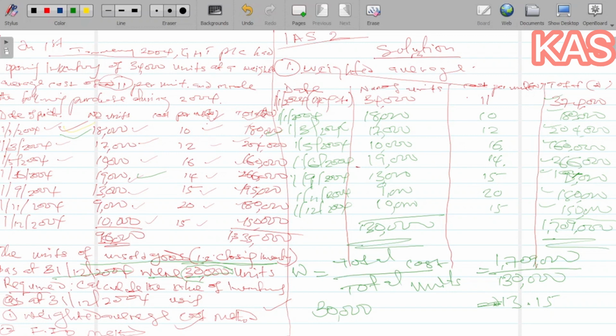So this 30,000 units, we are now going to multiply by 13.15. When we multiply it, we will have 394,500. So this is our closing inventory using weighted average.